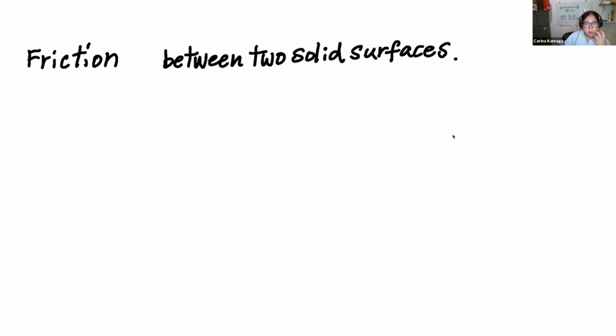When you look at two solid surfaces in contact in a close-up view, you always have some kind of irregularities on the surface. You're never going to have a perfectly flat surface.